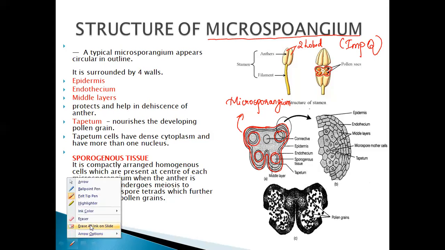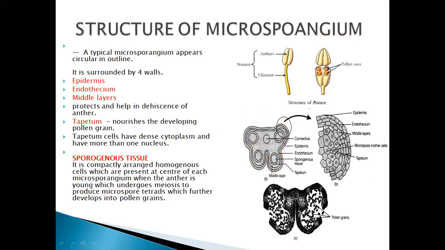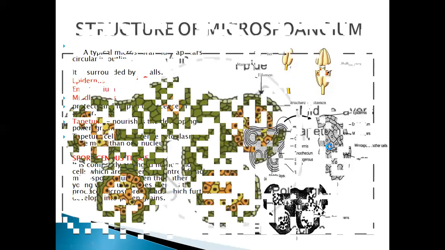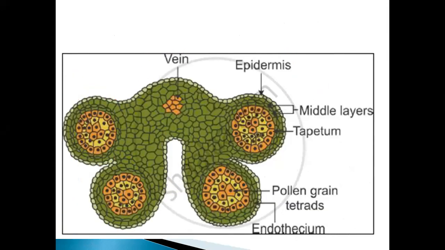Now, there are 4 walls. This is important. How many walls? 4 walls. Now, you will ask me, ma'am, whether this diagram is important or that diagram. Students, if you see your book, you will get a picture like this.